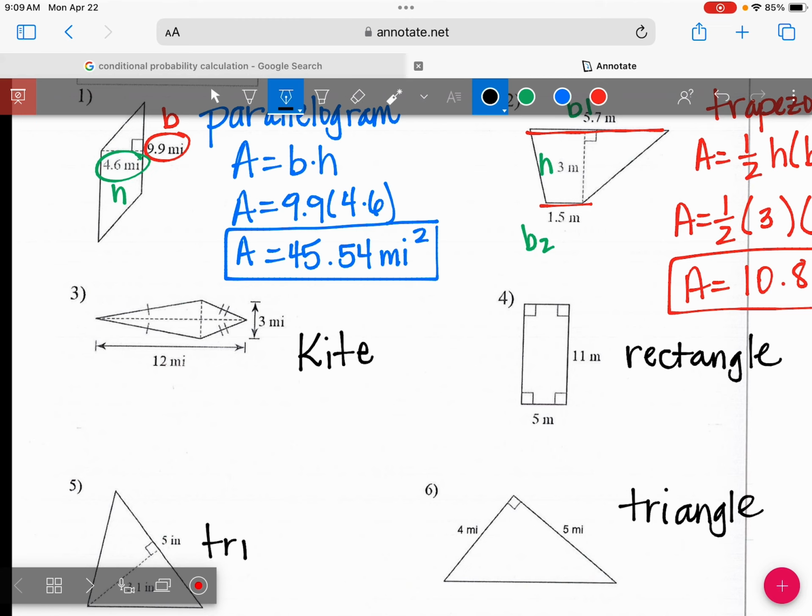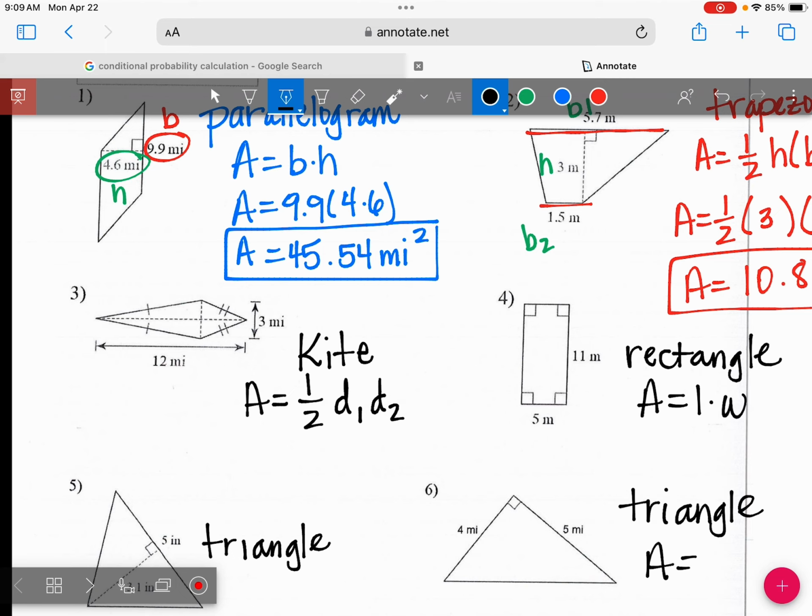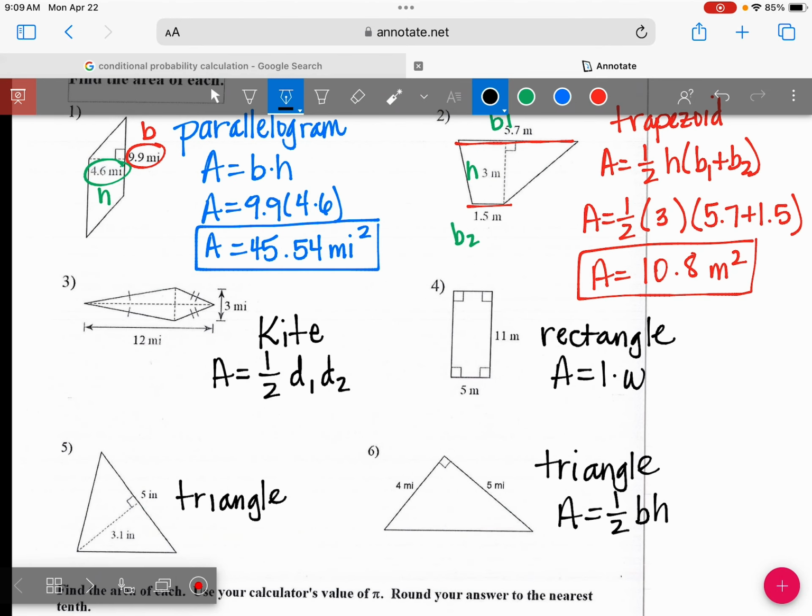And I'll also write the formula too. So you can go back and finish those on your own.